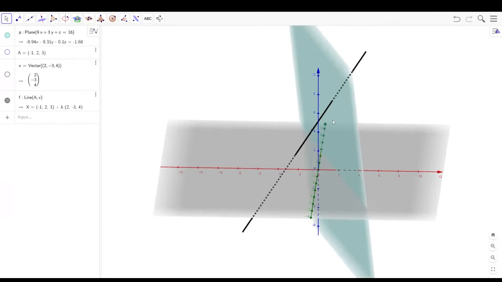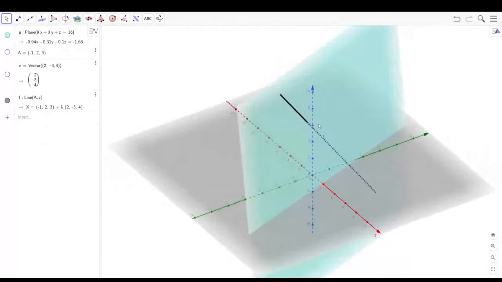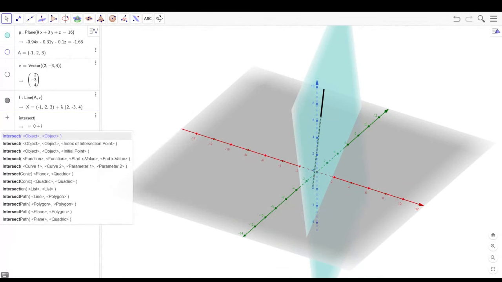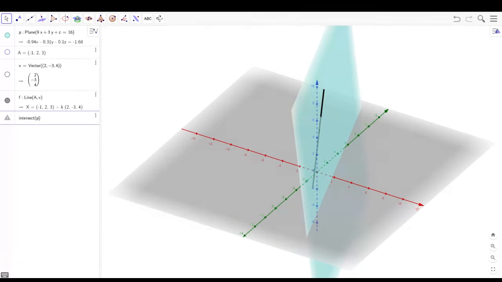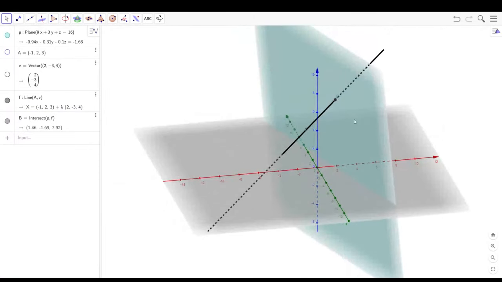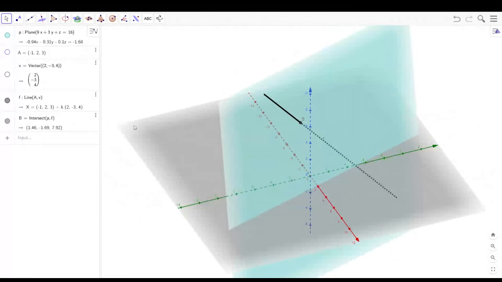But here it's very simple. It looks like there's only one point, right? And GeoGebra, I think, can even intersect it, right? Oh my goodness. So point B is the point of intersection, I think, unless I've done something wrong there.